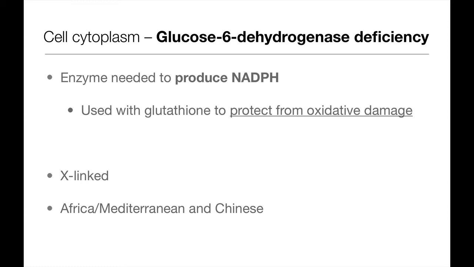Now, NADPH is used with another substance called glutathione to protect the cell from oxidative damage, and in the absence of this, cells are much more fragile, much more likely to have a reduced lifespan. The condition is X-linked, and it's most common in Africans, Mediterraneans, and Chinese populations.